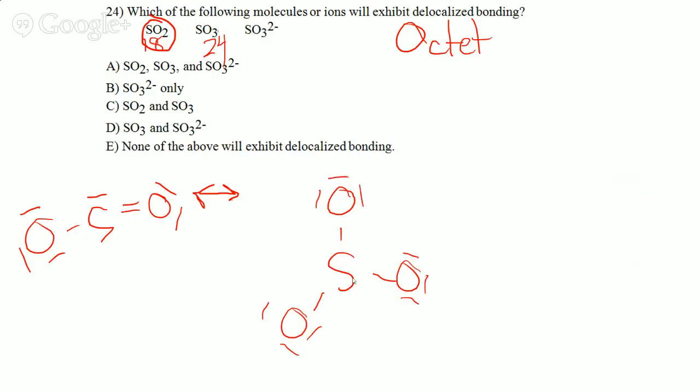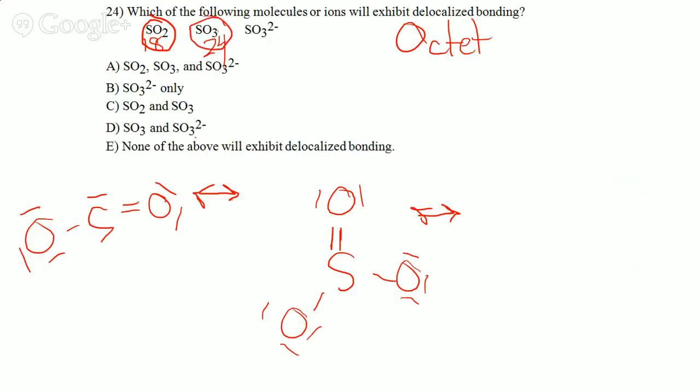So we're going to have to make a multiple bond with one of those oxygens so that everything has an octet. Right now I've placed my 24 electrons, everything has 8. Awesome. This also has resonance because that double bond could have been between the other oxygen, or it could have been between the other oxygen. So it has resonance, it'll have delocalized bonding.